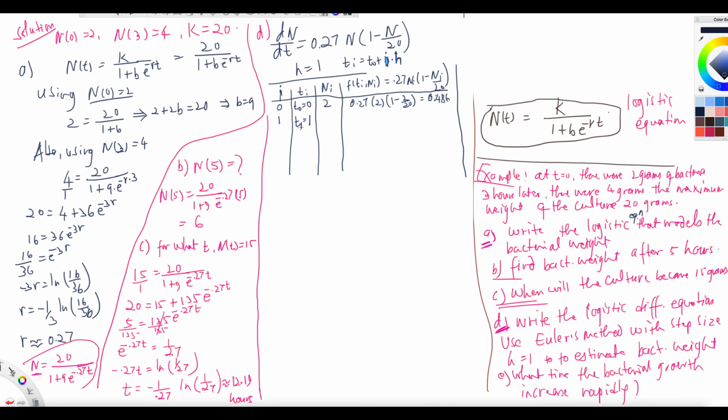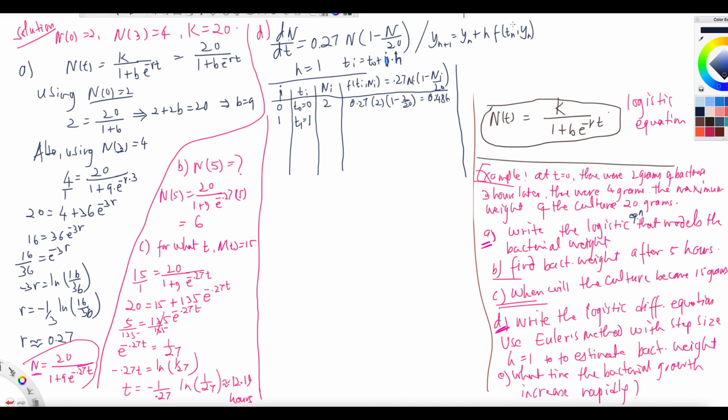Okay, when t1 equals 1, what will be the n1 then? So what is the formula for the Euler's method? Yn plus 1 equals yn plus h times f of tn, yn.